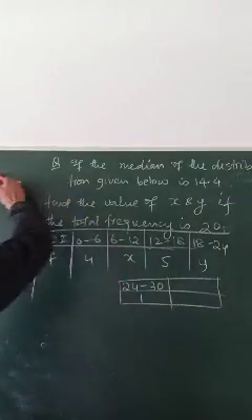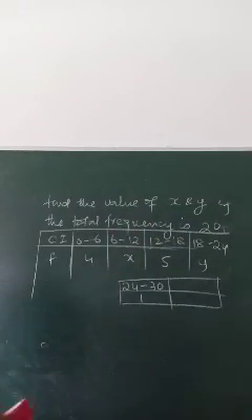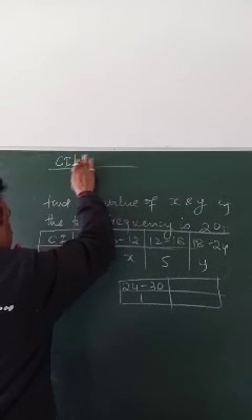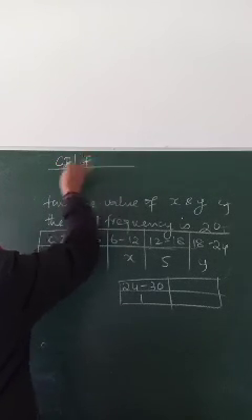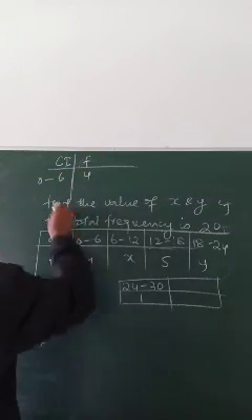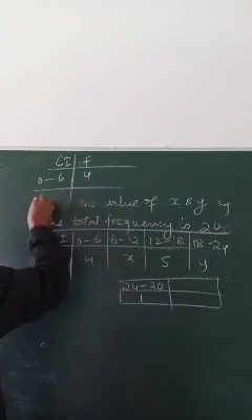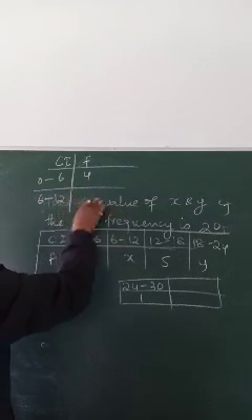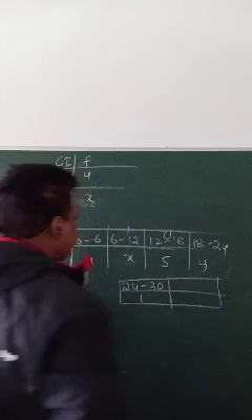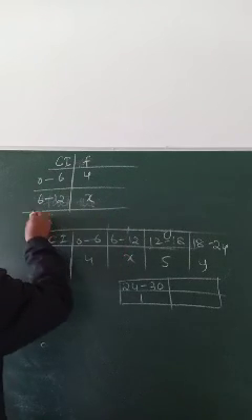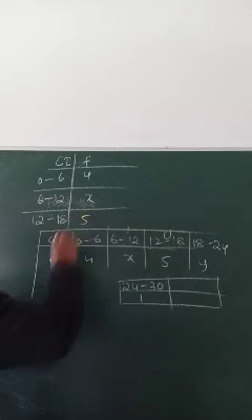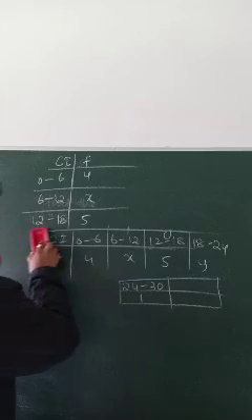Okay, let's start. Make the table. CI, frequency. 0 to 6 is 4. 6 to 12 is x. 12 to 18 is 5. 18 to 24 is y.